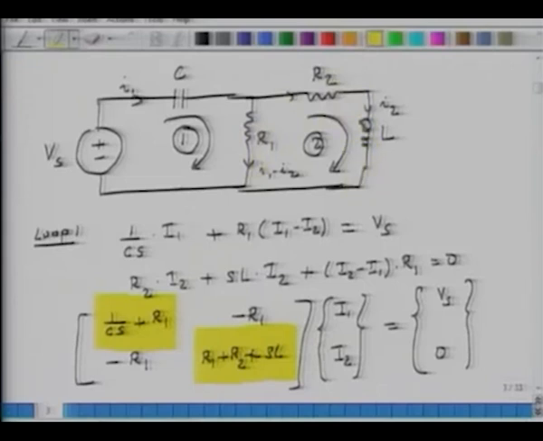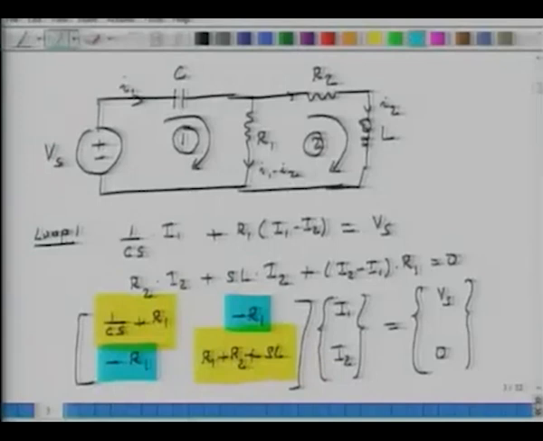These off-diagonal terms are like coupling coefficients, not strictly like a finite element equation. Minus R1 in the first equation and minus R1 in the second equation is the common impedance, which is common to loop 1 and loop 2. Remember this, because when we go to another example, you will see very good similarities. You have constructed a set of equations, and then you can now invert this matrix and solve for I1 and I2.